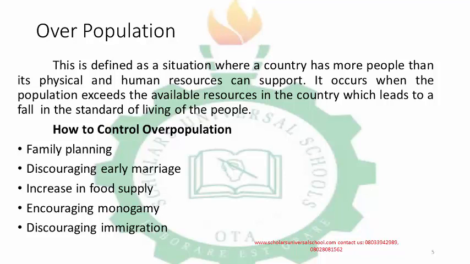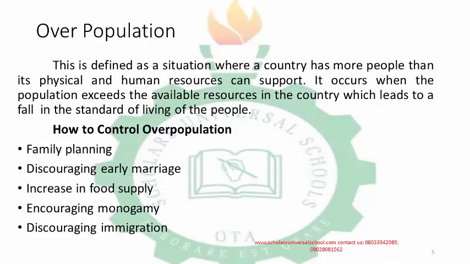So we say the country is overpopulated, or you have overpopulation. In a country that is overpopulated, we have a reduction or a fall in the standard of living of the people, because the resources are not enough to cater for the needs of all the people living in that country.